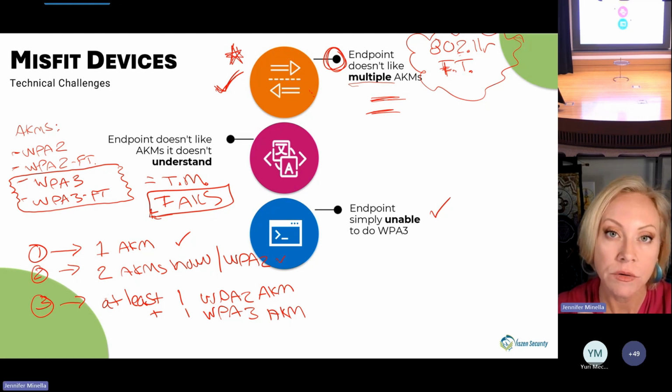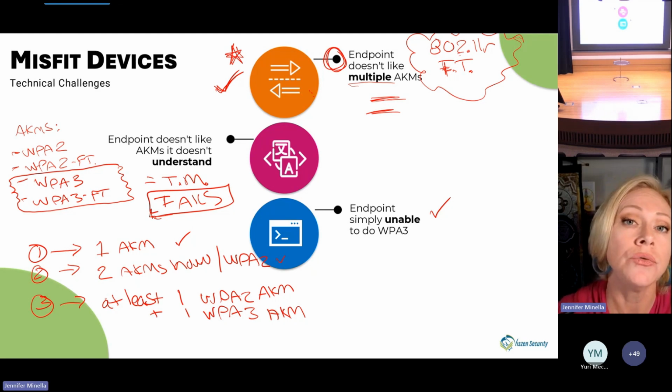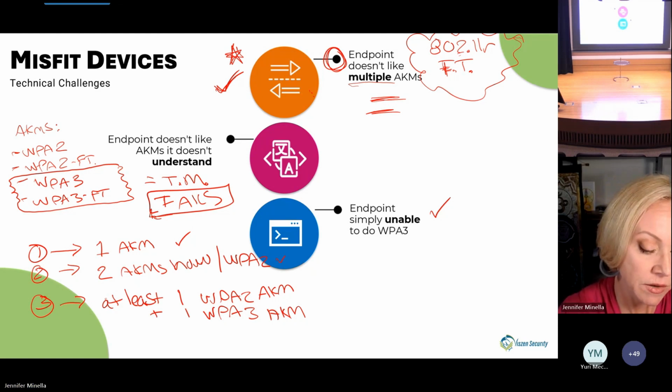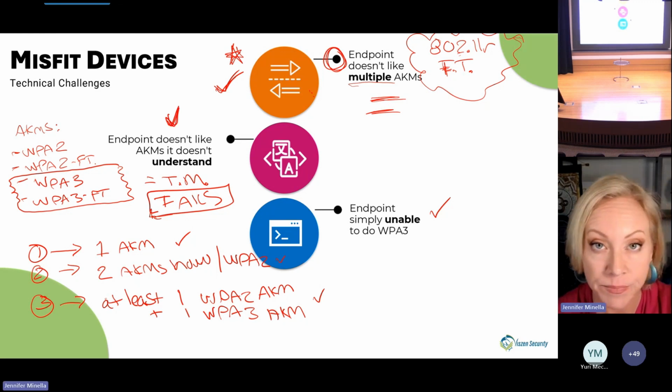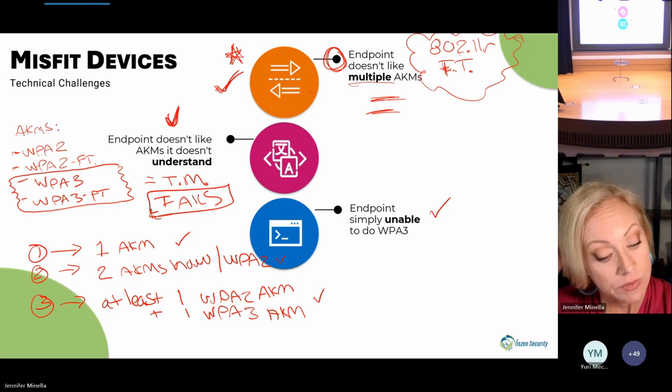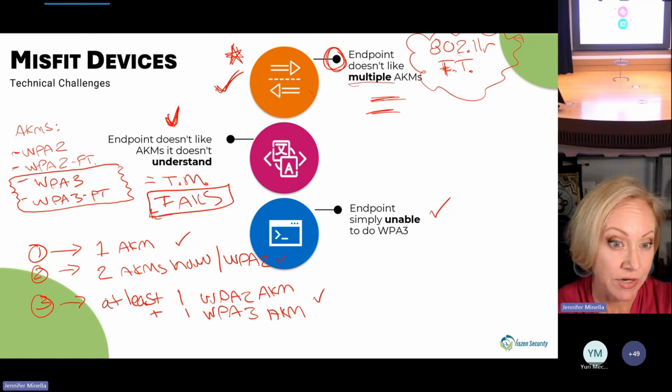So now we're advertising to it 2 AKMs, but also 2 generations, a WPA2 and a 3, and see then if it connects. And if it connects there, now you've worked your way through. That doesn't mean it necessarily supports WPA3.